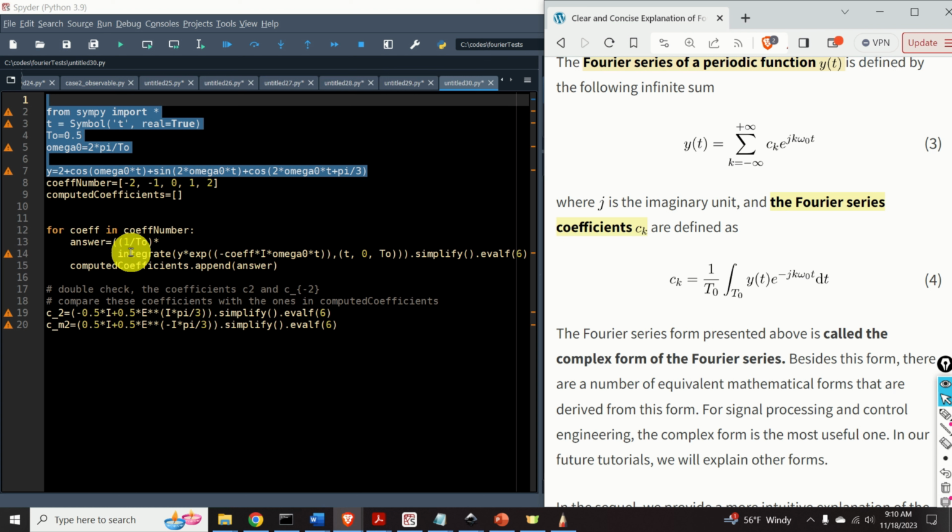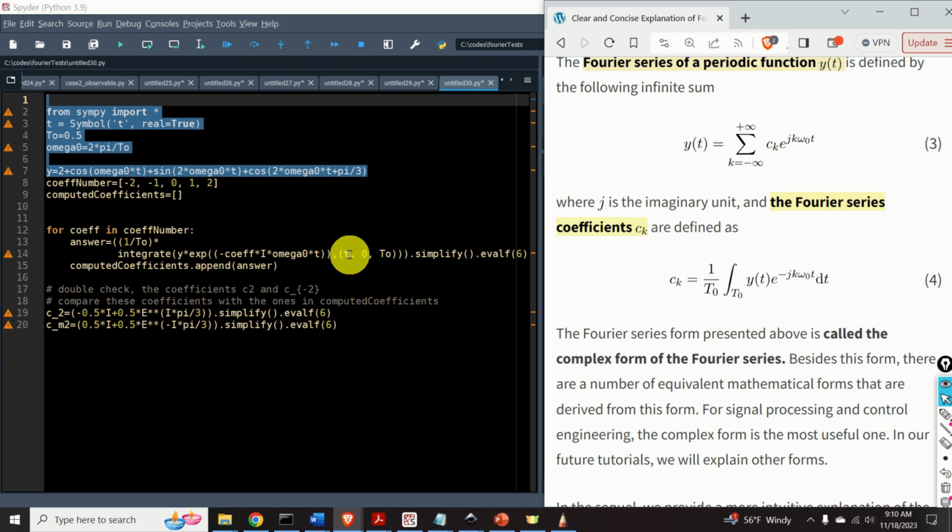I'm using the function integrate, and you can see over here what's happening. This is y over here, exponential function. Now, a few comments over here. Coef, this parameter here, is actually k. I is actually j. Note that SymPy library uses capital I to denote imaginary unit. Omega 0 is computed over here, and time is the symbolic variable.